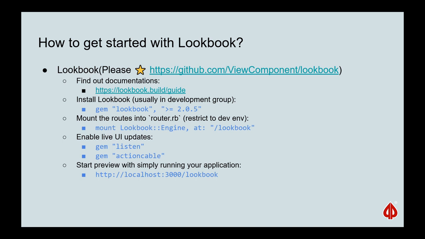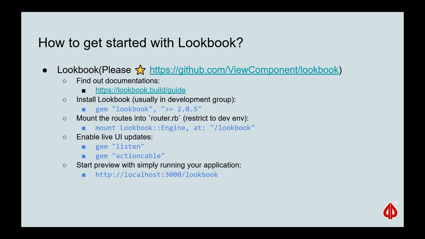This is the GitHub repository. Please go there and start it. It is a pretty cool guide. I'm not going to talk about Lookbook in detail, but the documentation is really helpful. I mean, it's pretty cool and you can easily use it. The only thing is to add the Lookbook gem to your Gemfile.